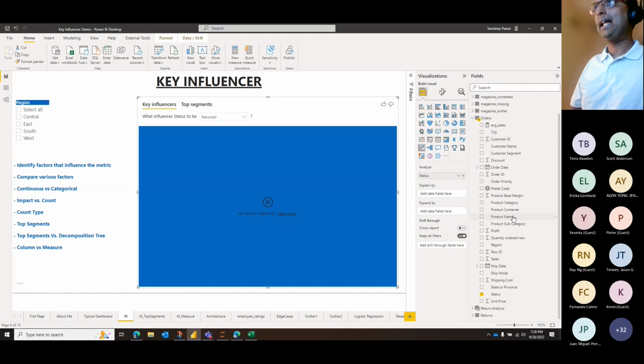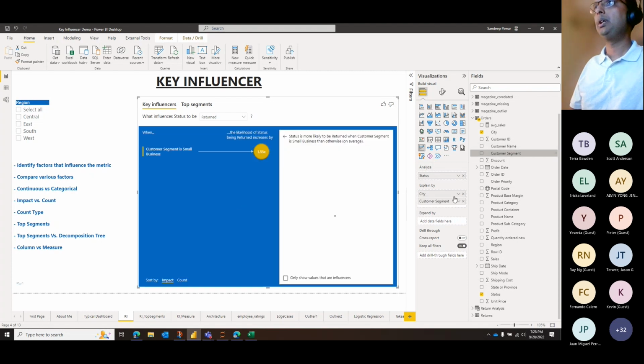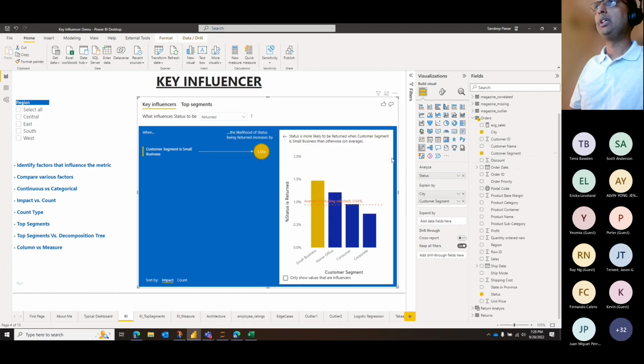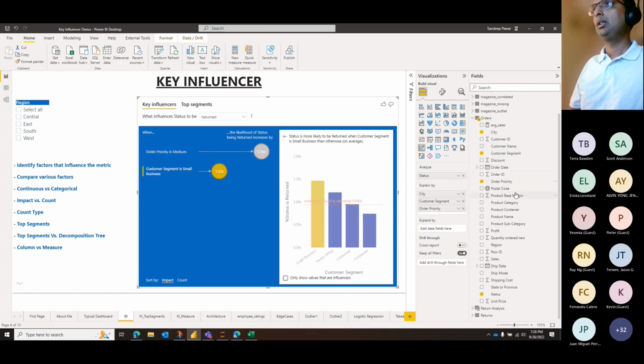And what do we want to analyze it by? So I am going to just drag the columns that I think I want to understand the return status by. So I'll start with city, for example. So I'll add explain it to me by city and keep your eyes on the left-hand side here. I'll start with maybe customer segment. Okay, so something came up over here. Let's see, order priority.